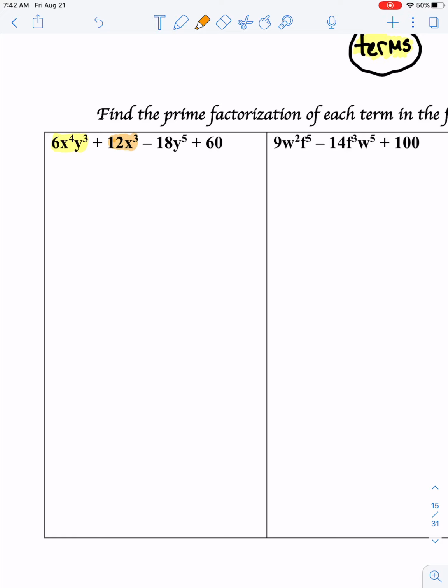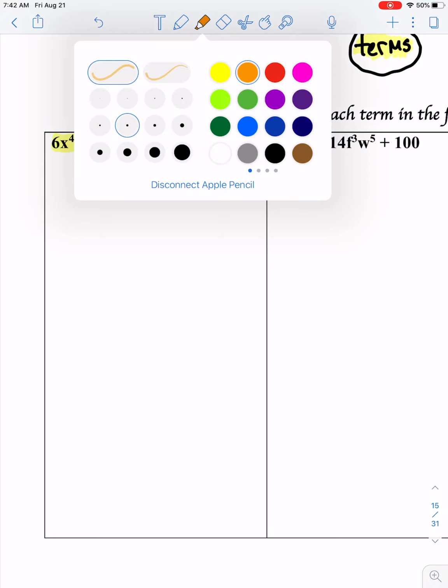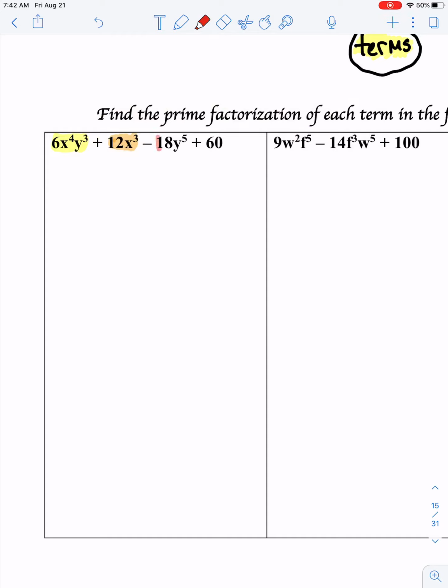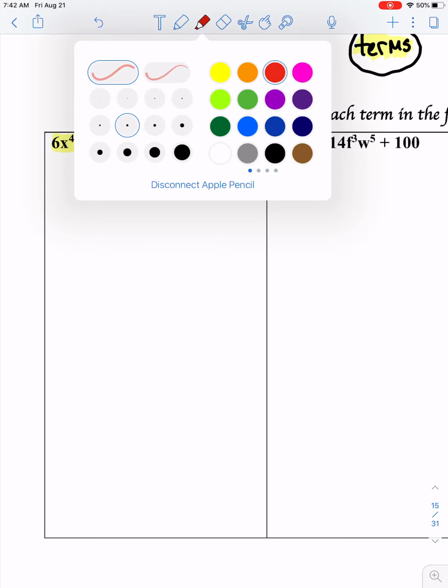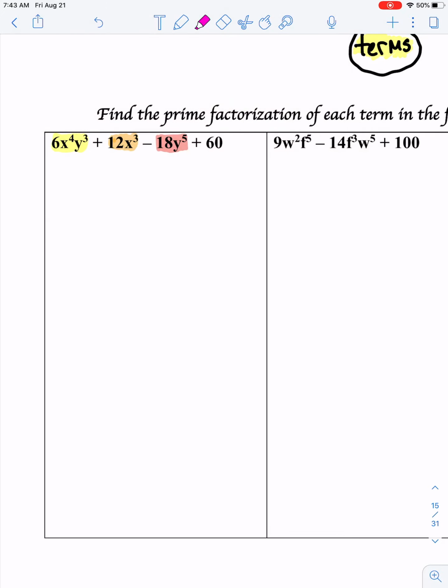So 12x cubed, I get to a subtraction sign. I now know I have a new term to the right of it. 18y to the fifth. Again, I get to a plus sign, so I'm going to change colors and highlight my next term. And again, terms can have variables. They can just be numbers. It doesn't matter. The big takeaway is that they are all separated by addition and subtraction.